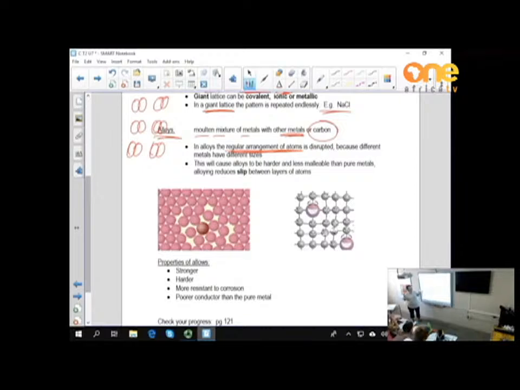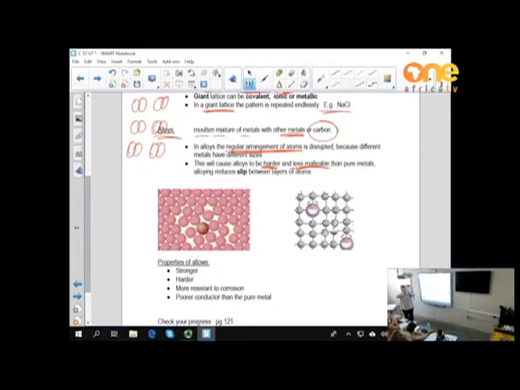This would be, for example, a carbon atom between sodium ions. Okay. Here's just another picture to show you. Here we have our orderly crystal lattice that is very definitely disrupted by different sized particles. And that is why, in general, alloys are harder, less malleable than pure metals.